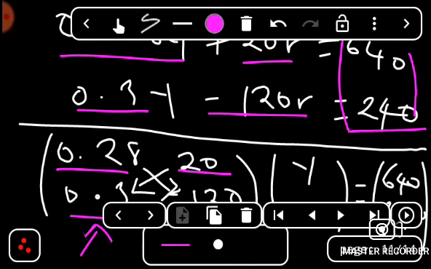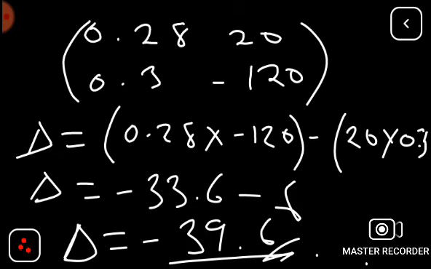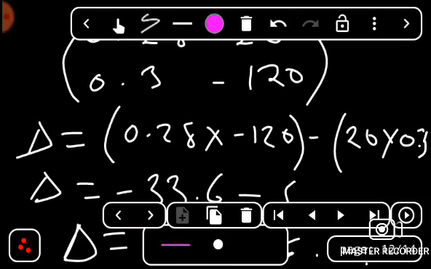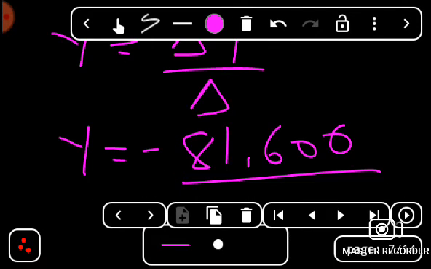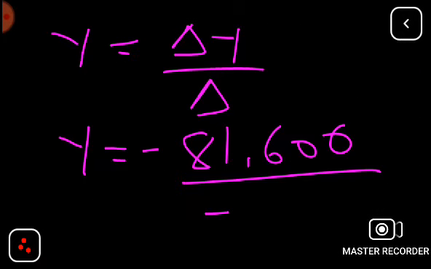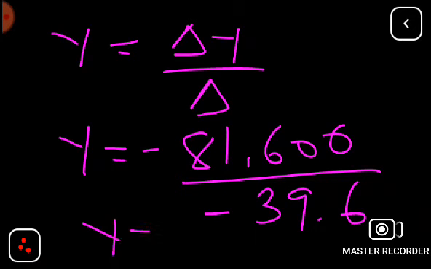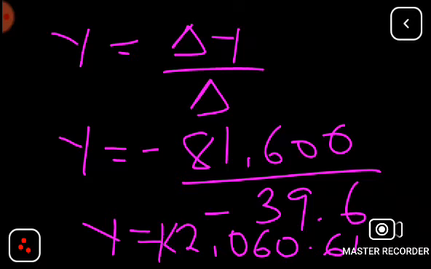Our change was negative 39.6. So now what is our Y? Our Y becomes 20,060.61. So this becomes our income.